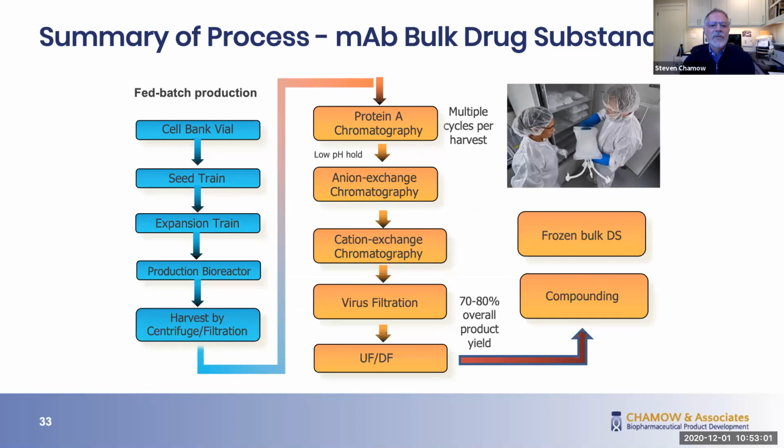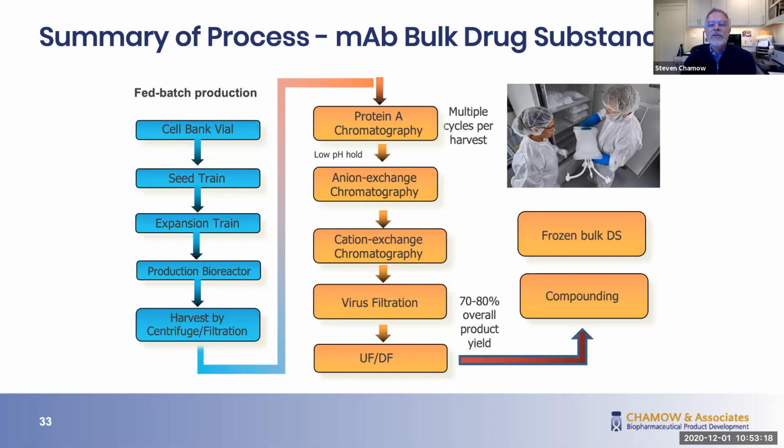In this case, that was at 2,000 liters for 12 days. We then harvested by a combination of centrifuge and filtration. And then the harvested clarified cell culture fluid went on to protein A.